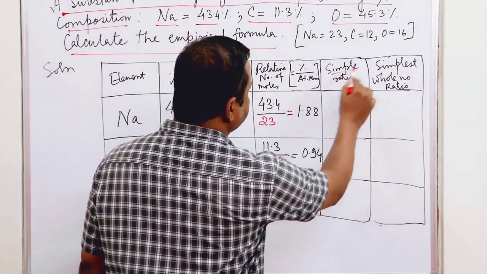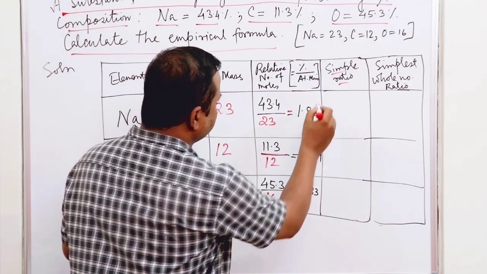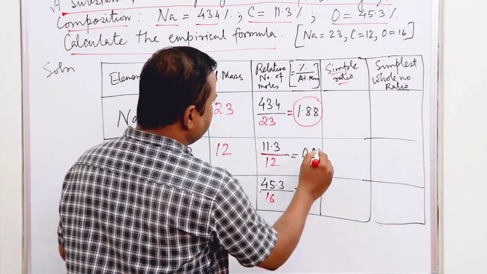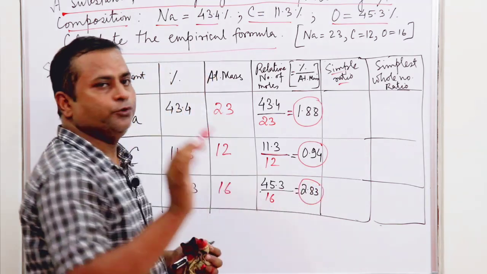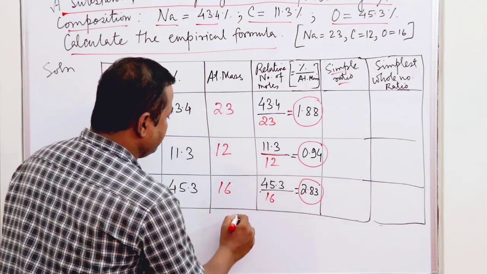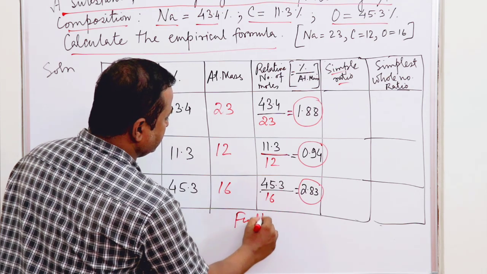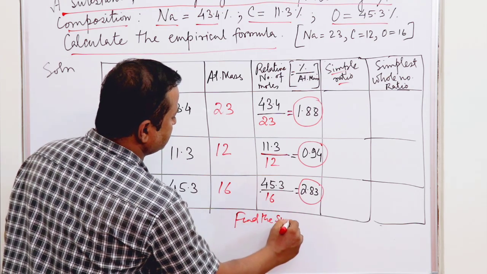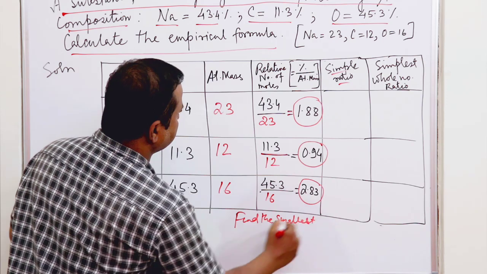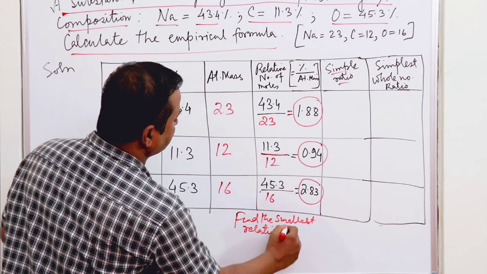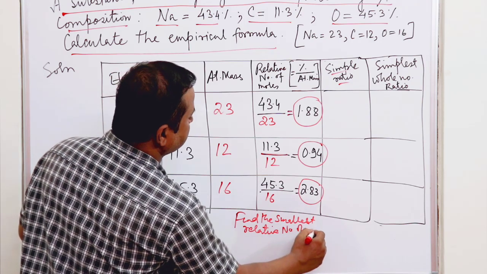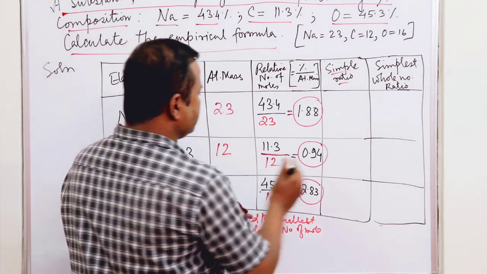Now to find the simple ratio, what do you have to check? Out of 1.88, 0.94 and 2.83, find which is the smallest relative number of moles and divide. Here this is the smallest.